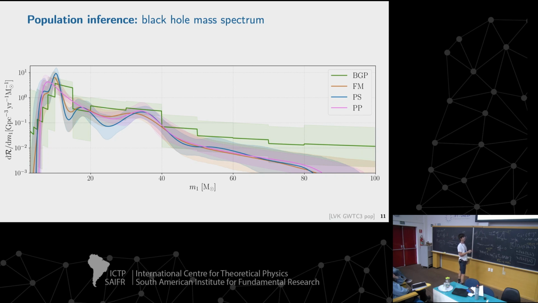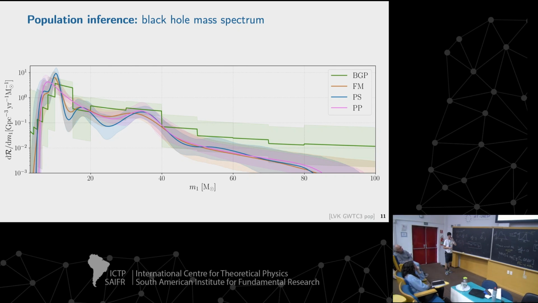But what the data is telling us is that there is a peak in the mass spectrum of black holes at around 10 or a bit smaller masses, and then the mass spectrum decreases, and then there is another peak at around 35 solar masses, and then the mass spectrum decreases significantly. Notice here that the vertical axis is in logarithmic scale. So it's much less probable to have events here than events here.